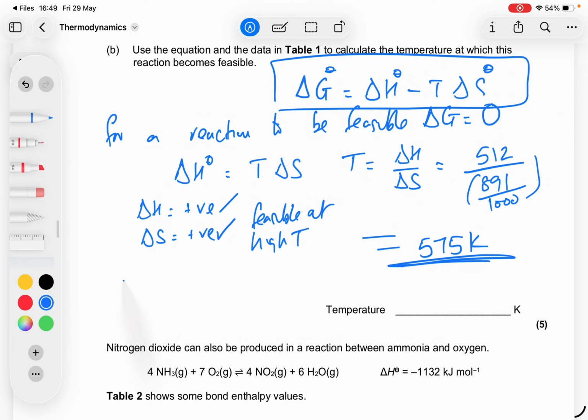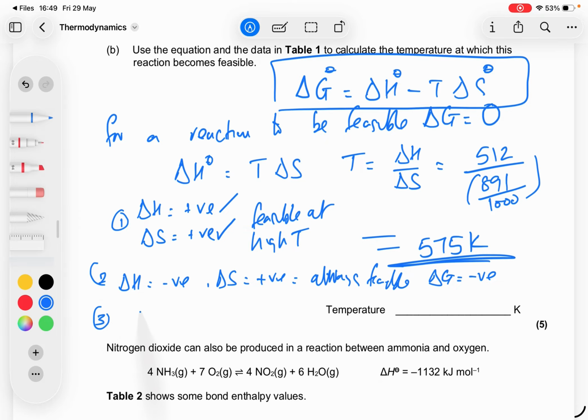In the case, if delta H is negative and delta S is positive, then that reaction is always feasible because delta G will be negative all the time. So that's two scenarios. The third scenario, if delta H is positive and delta S is negative, then that reaction is never feasible. Delta G is always positive.